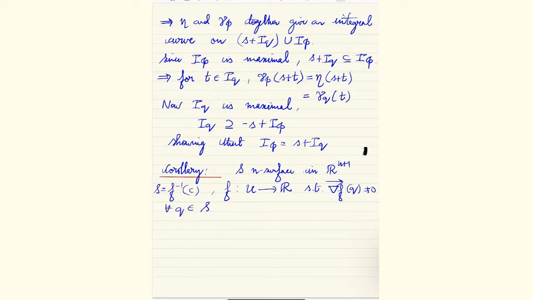So the usual, and we start with a smooth vector field on, so C infinity vector field on the open set U.